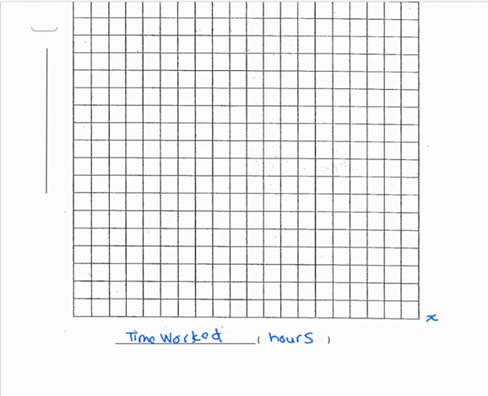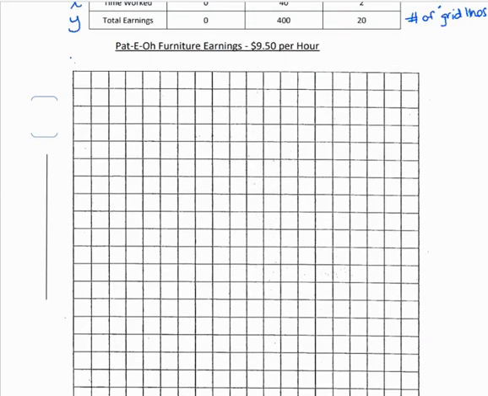Now my other axis represents the y-axis. So what should my label there be? Total earnings. Right. So it's money, but specifically they already gave us that label that says total earnings. Good. This is always so hard for me to write sideways on this tablet, so I apologize.